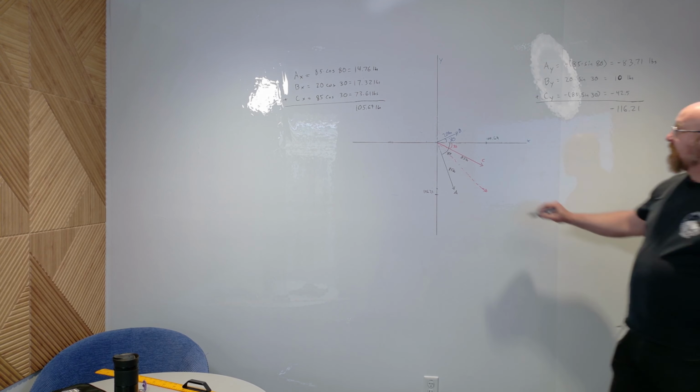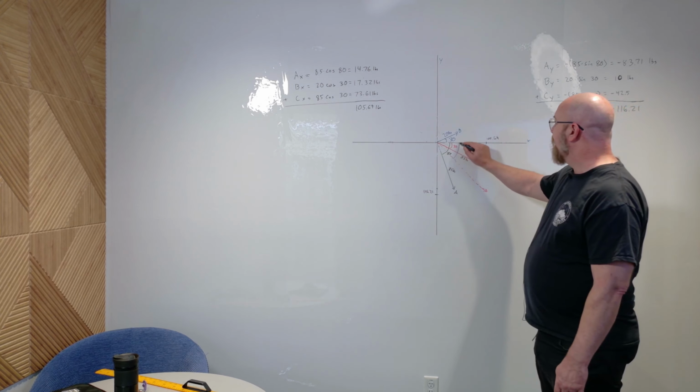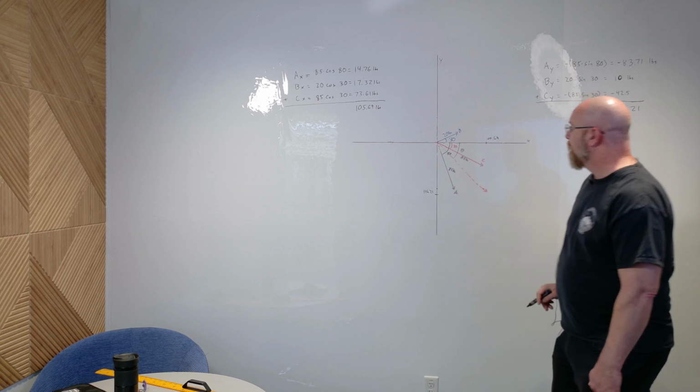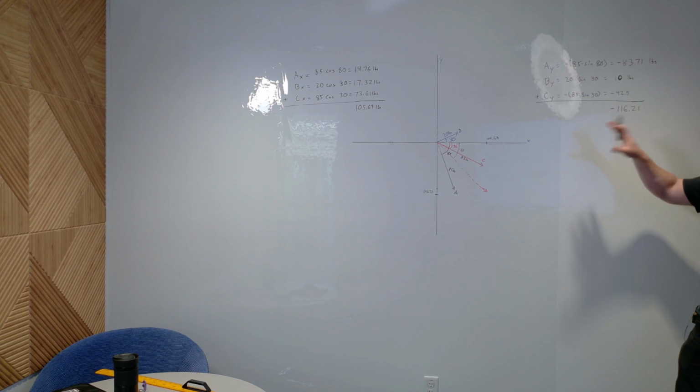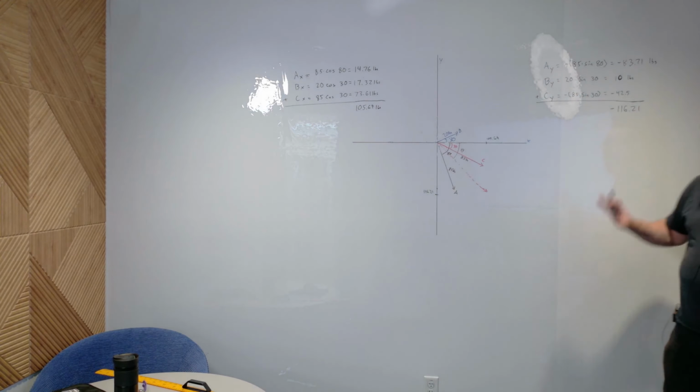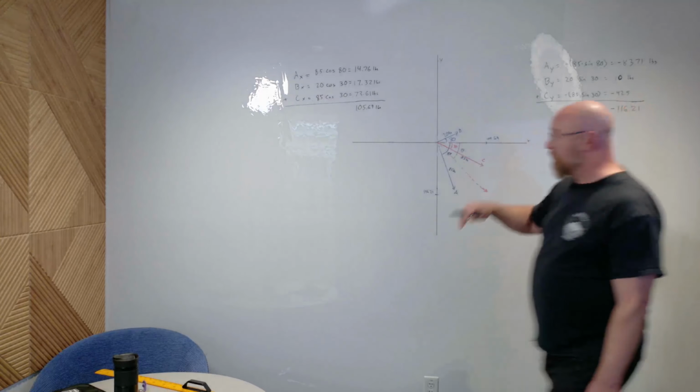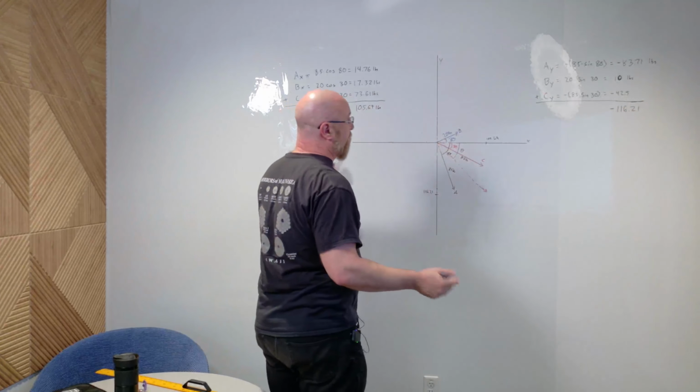So now all we need to do is find this angle of theta, right there of our resultant. Or no, we need to find our magnitude first. We still need our magnitude. So for that magnitude, all we need is a squared plus b squared equals c squared.